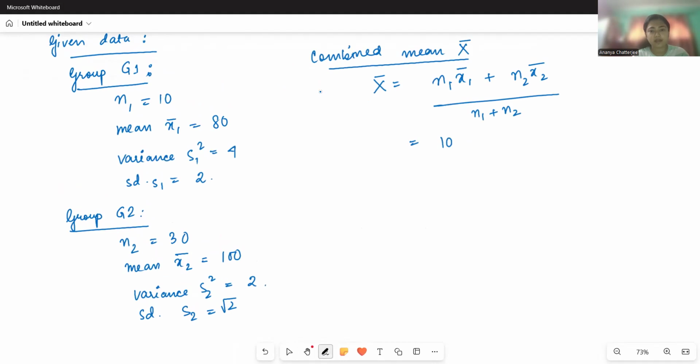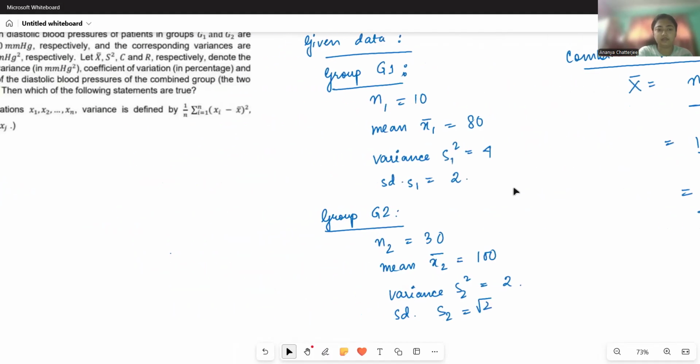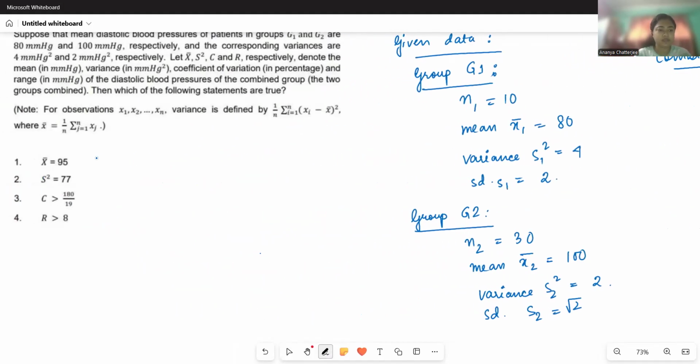That is 10 into 80 plus 30 into 100 by 10 plus 30. That is 3800 by 40, that is 95. Now we can get from here that the first statement is true.